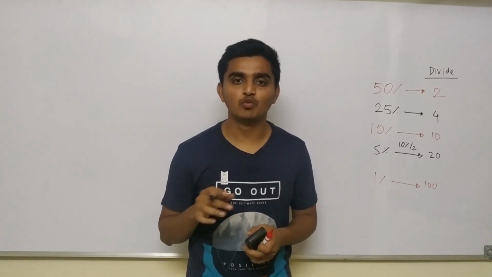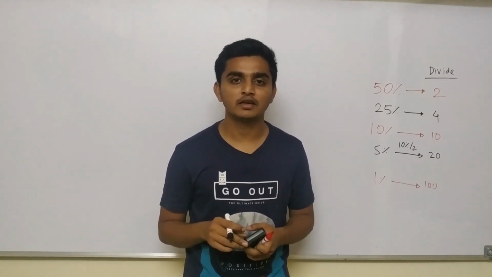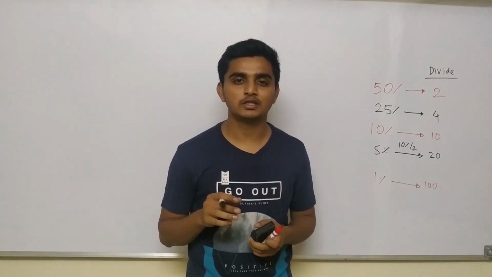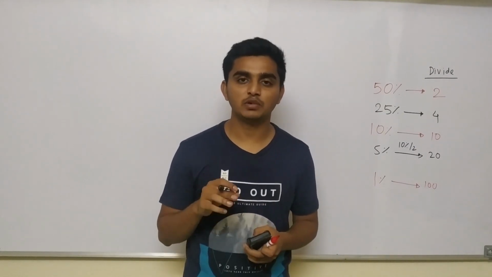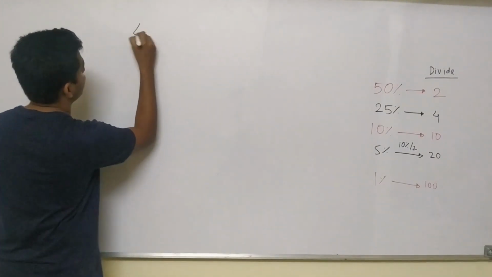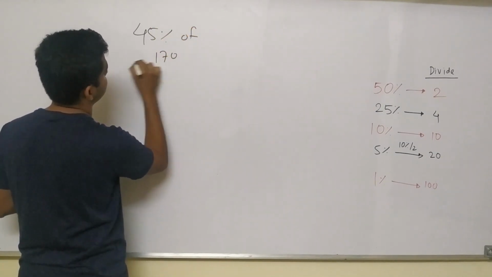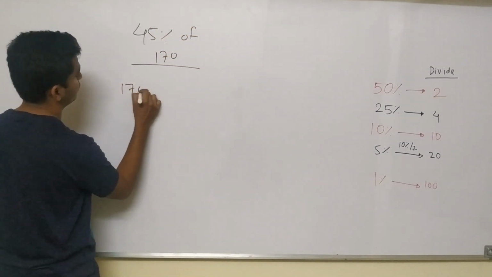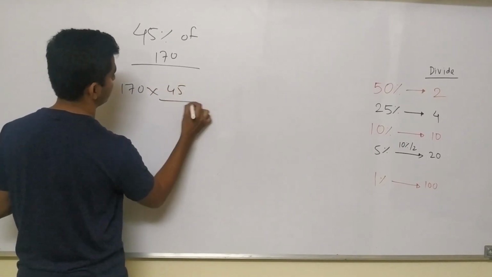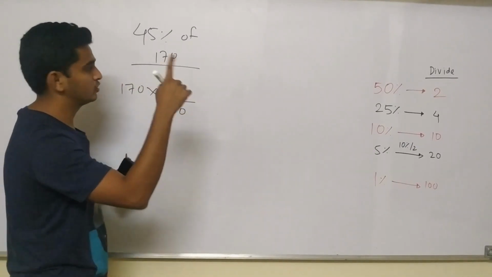So let's take a few more examples in which we'll find that the multiplication process is not necessarily required for finding percentages. 45% of, let's say, 170. In the traditional way, you would do 170 times 45 upon 100, and then you have to do all those calculations.